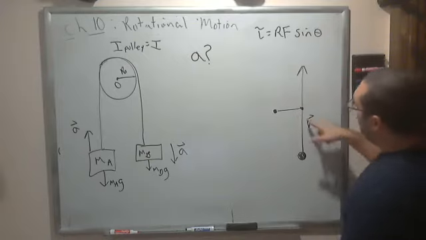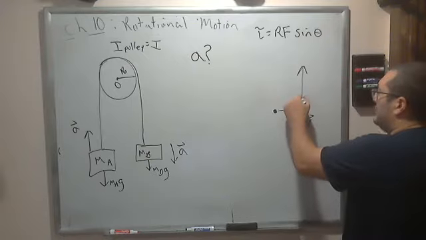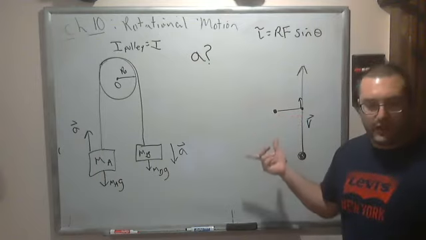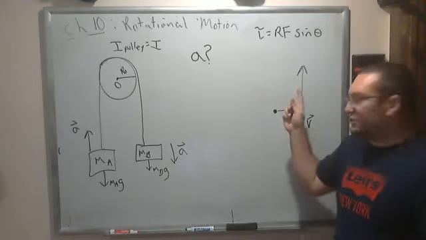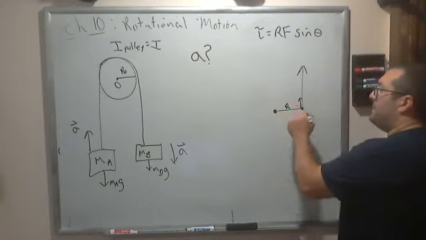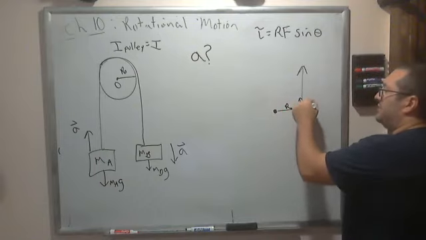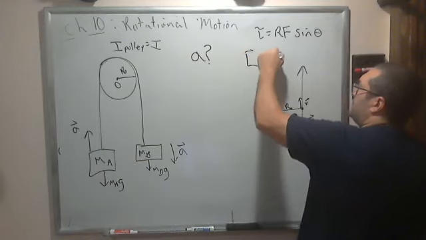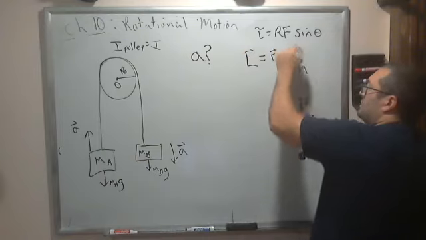At this point, it just has a tangential velocity in this direction. So at this instant, you could say it has angular momentum, because it's tangential to the point. This is the lever arm, and this is the velocity.